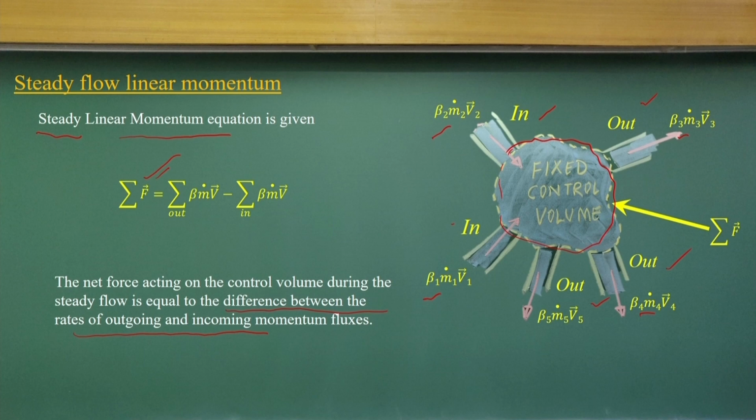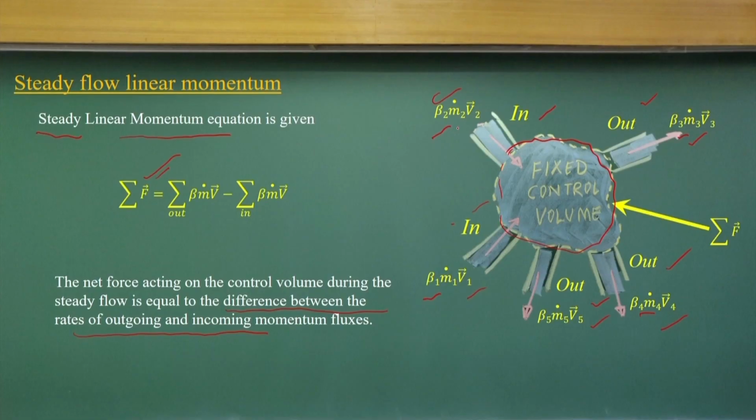When you have a uniform velocity distribution, beta 1 will be 1, but if it is not uniform, the beta 1 value will be different. So, to apply this concept, we consider the velocity distribution and the momentum flux correction factors.